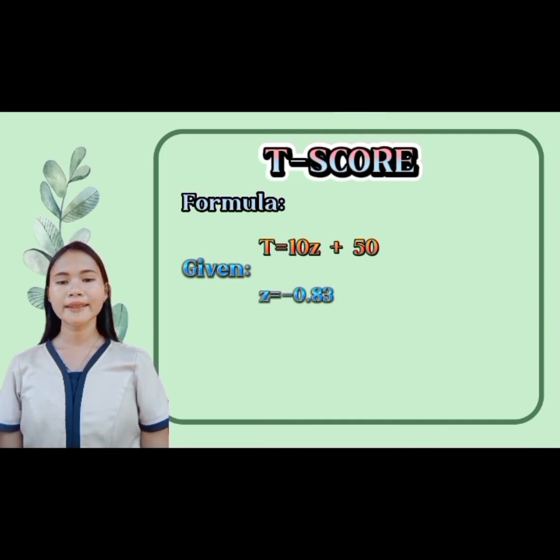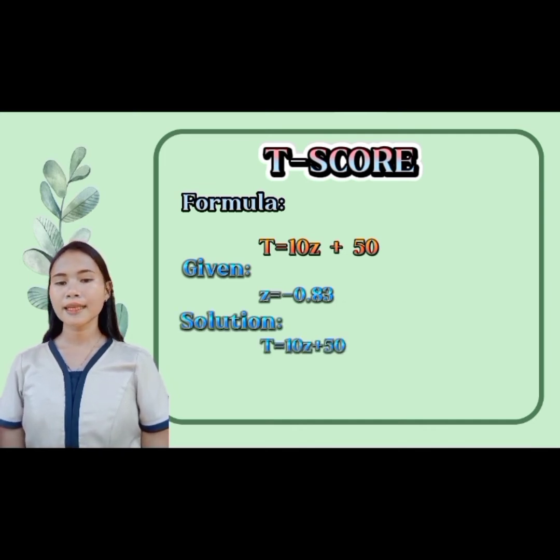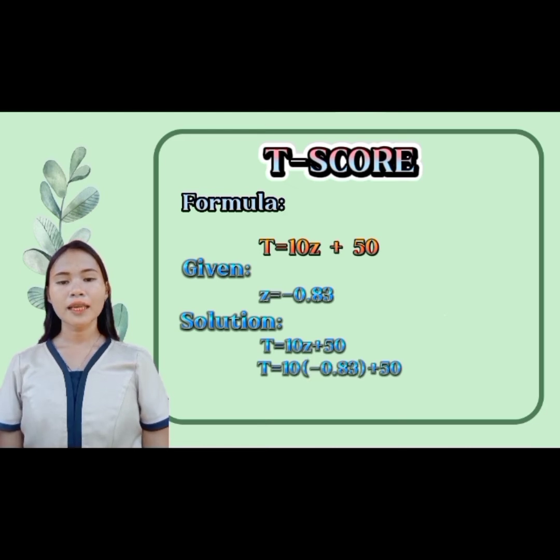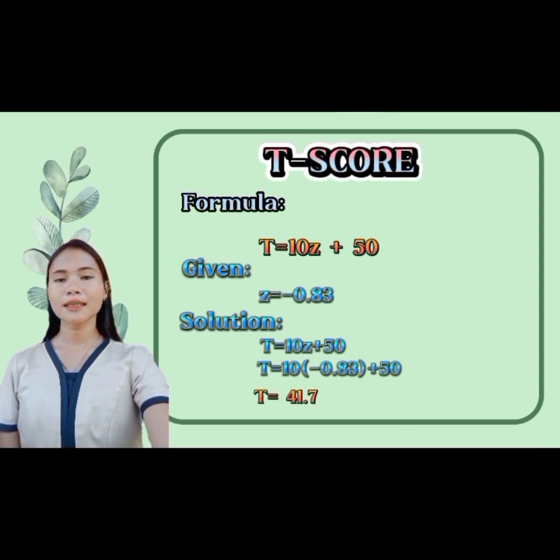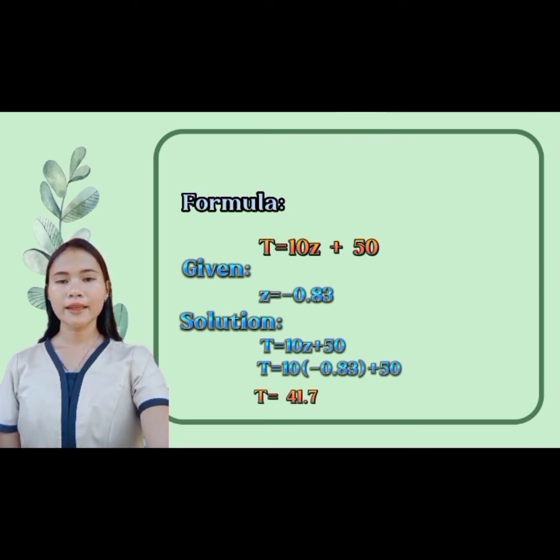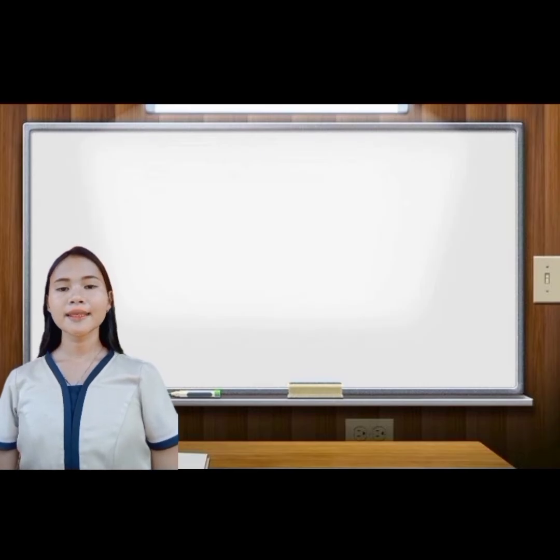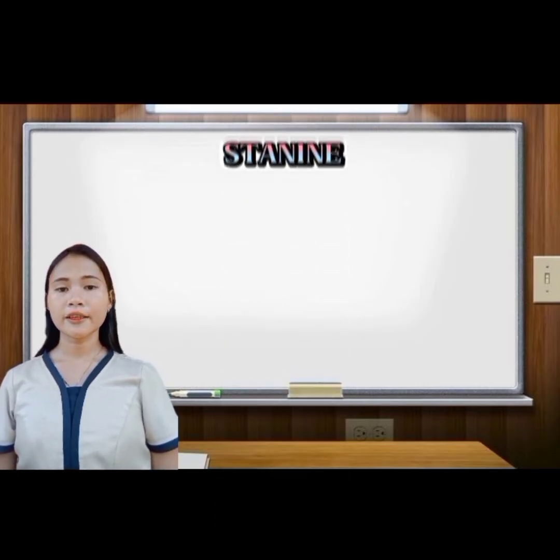Here is the solution. T equals 10z plus 50. T equals 10 times our z-score, which is negative 0.83, plus 50. T equals negative 8.3 plus 50. So our t-score equals 41.7.